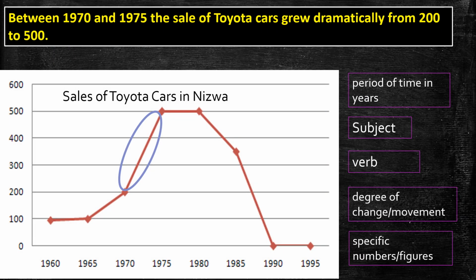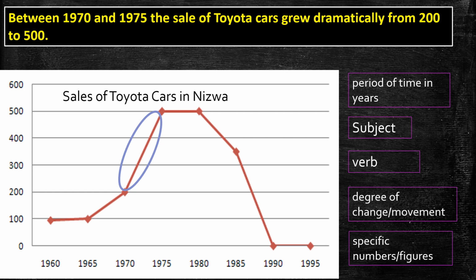Okay, this is the answer. It starts with the period of time. And what is the period of time mentioned here? 1970 to 1975. And what is happening there? You have to write the subject. What is the subject? The sale of Toyota cars. What happened to the sale of Toyota cars? It again went up.